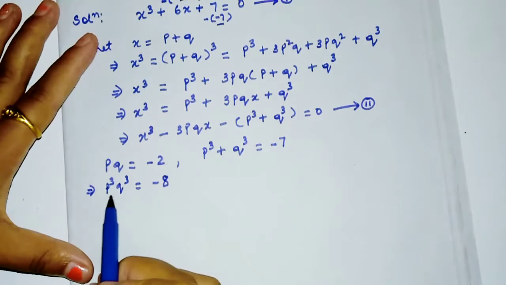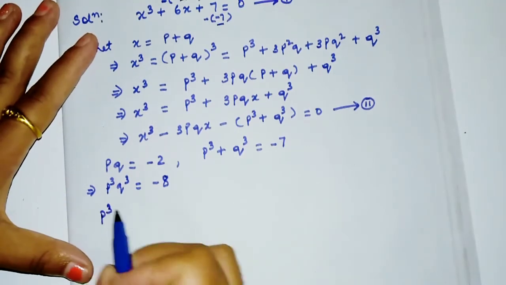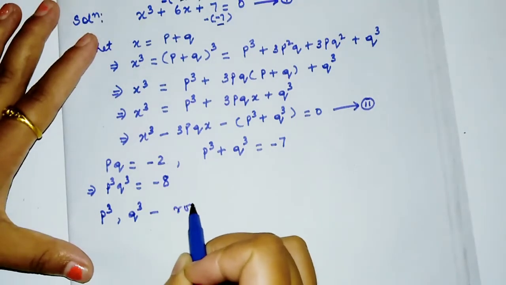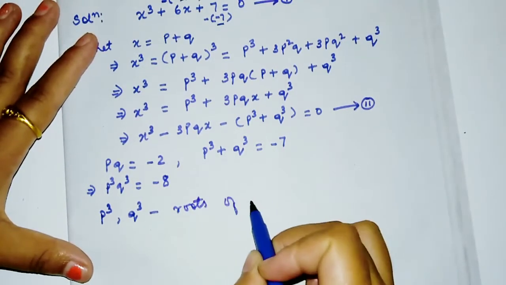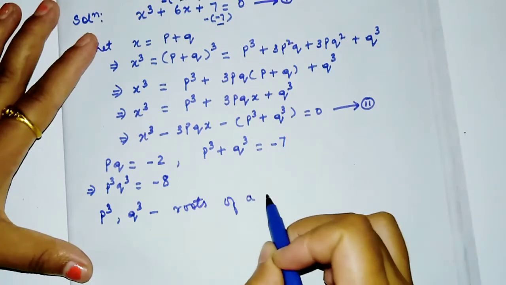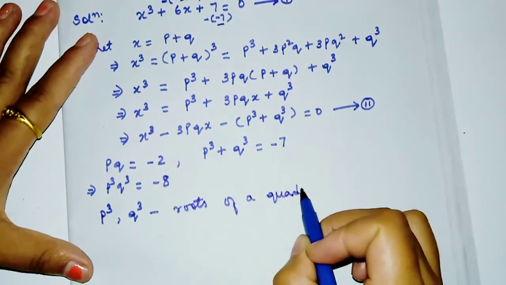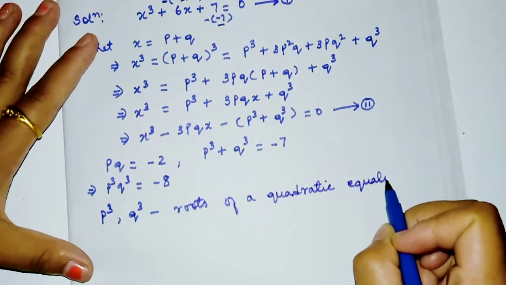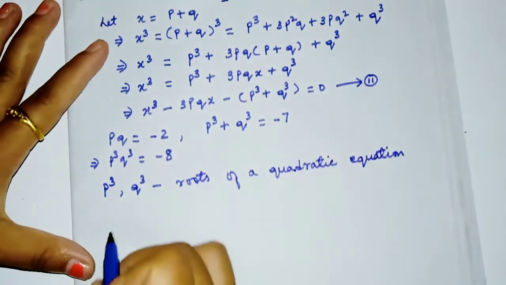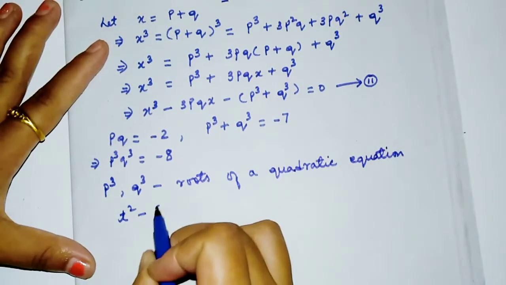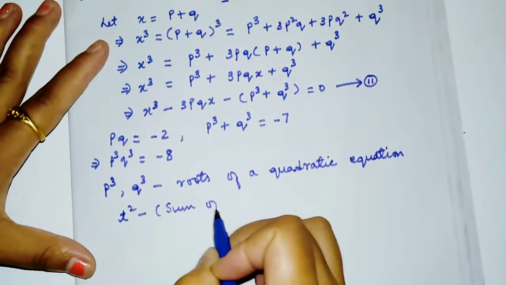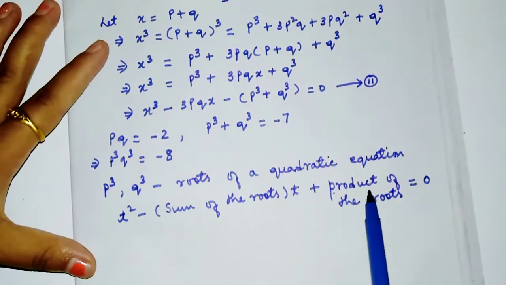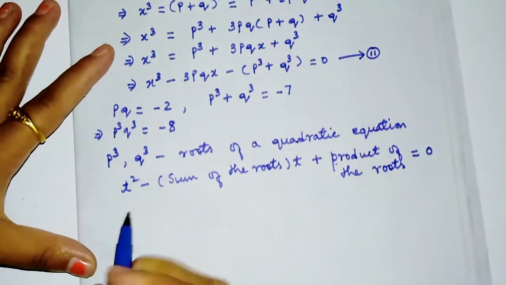Okay. Now these two, p cube and q cube, are the roots of a quadratic equation: t square minus sum of the roots t plus product of the roots equal to 0.